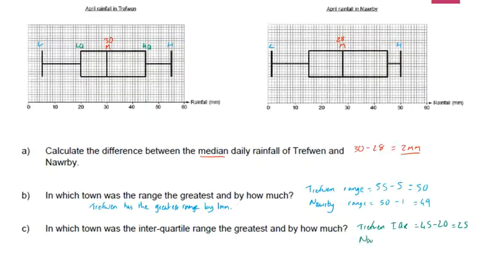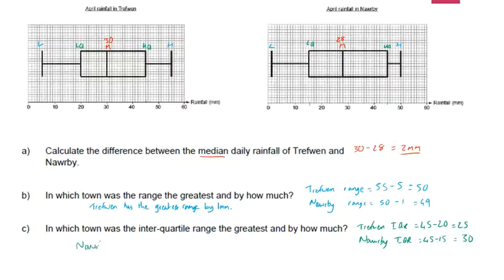And for Newbury, the interquartile range on this one. So let's go and find those values. Here we've got our upper quartile, which I believe is reading off 45 there, and our lower quartile value here, I believe, is reading off 15 there. So 45 minus 15 is 30. So in this case, Newbury has got a higher interquartile range.